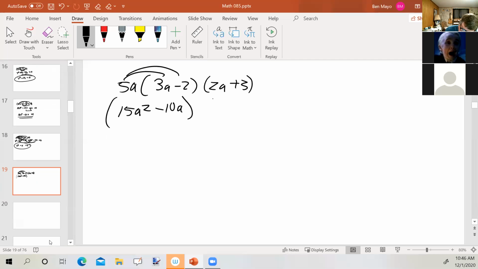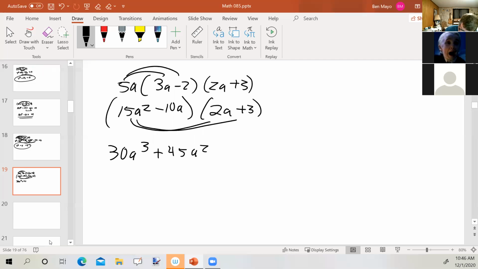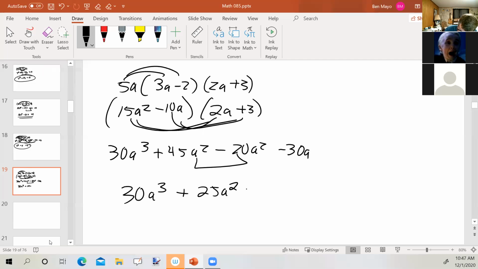Then I'll take that times 2a plus 3, which gives me 30a cubed plus 45a squared minus 20a squared minus 30a. Combining like terms, 30a cubed plus 25a squared minus 30a.